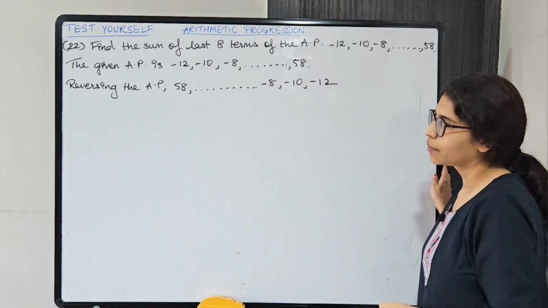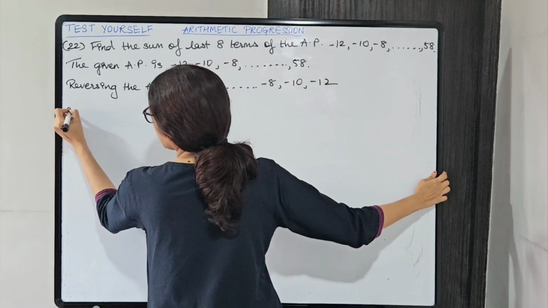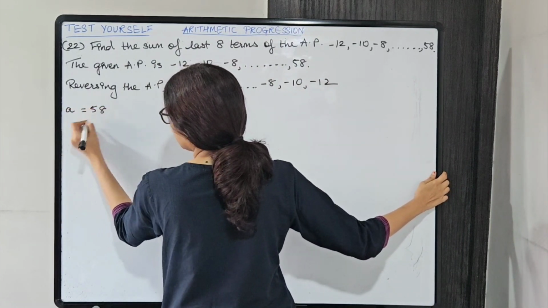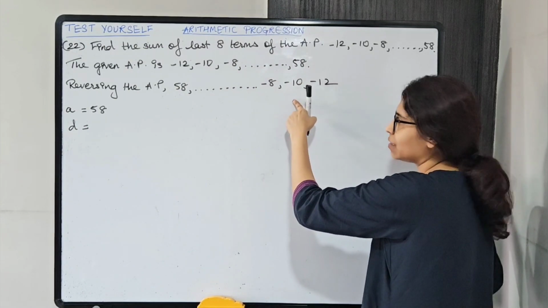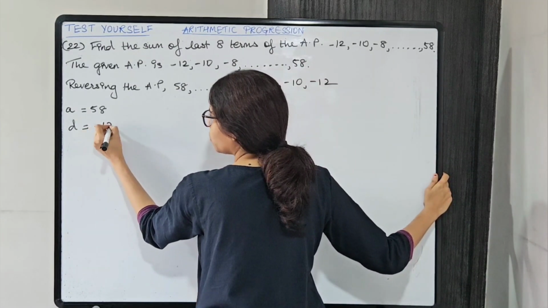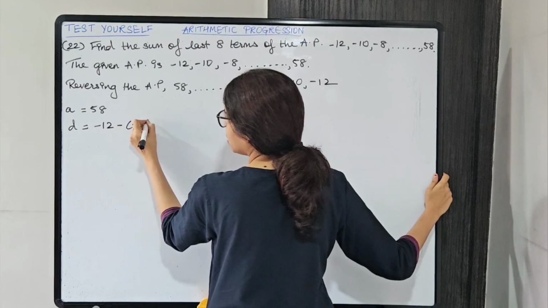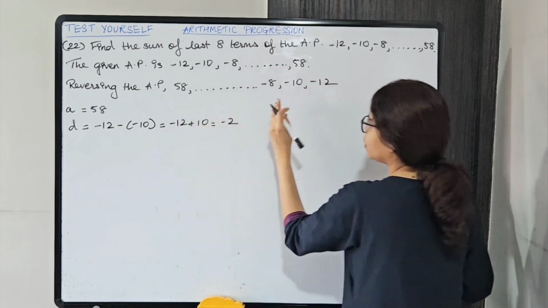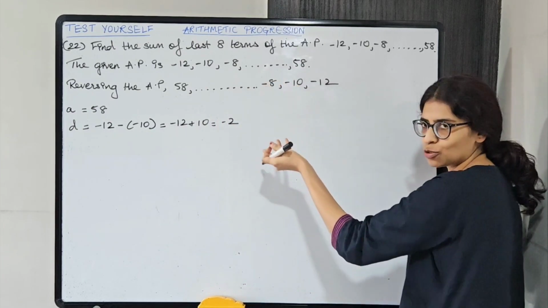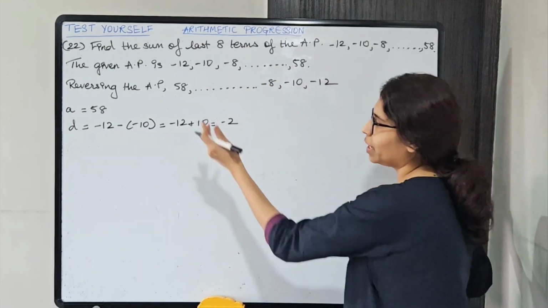Okay, let's write down A and D. A will be 58 and D minus 12 minus 10. So minus 12 minus 10, which is minus 12 plus 10, which is minus 2. You can take minus 10 minus 8 also. Okay, so A and D मिल गया.